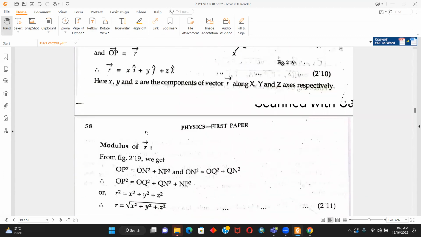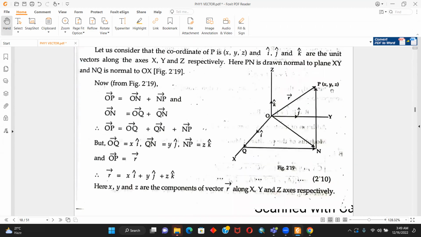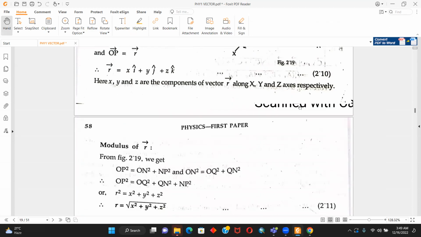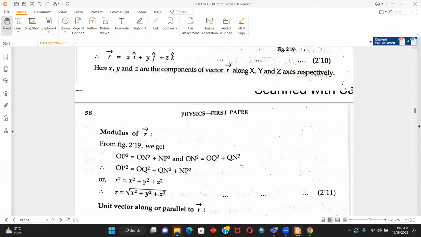So OP squared equals ON squared plus NP squared, because this is a right angle triangle, and OP is the hypotenuse. Obviously, you won't be understanding it from the image, but for the time being, let us consider that. And ON squared equals OQ squared plus QN squared.